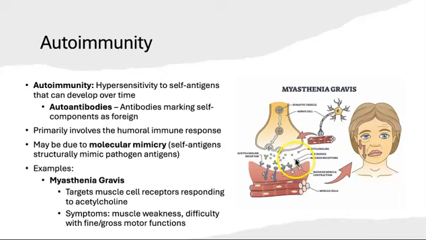But because these antibodies are attaching here to the acetylcholine receptors, acetylcholine is not able to bind to be able to cause the muscle to contract. And so the symptoms that we get are muscle weakness and difficulty with our fine and gross motor functions.